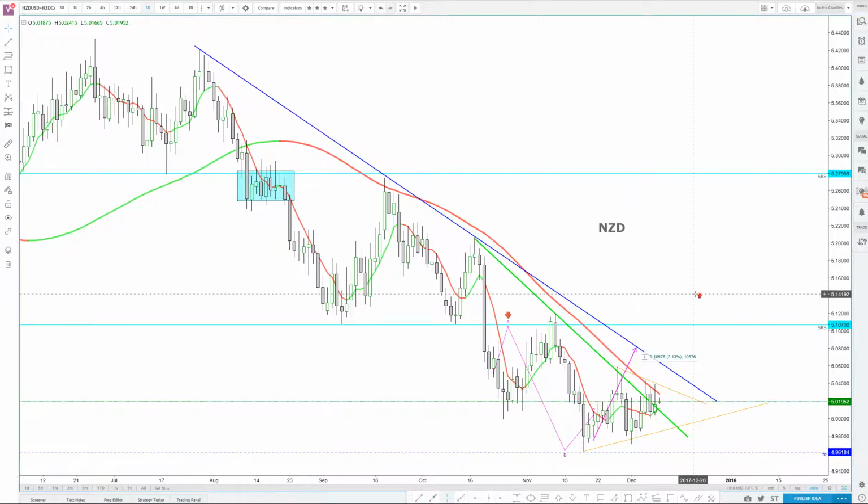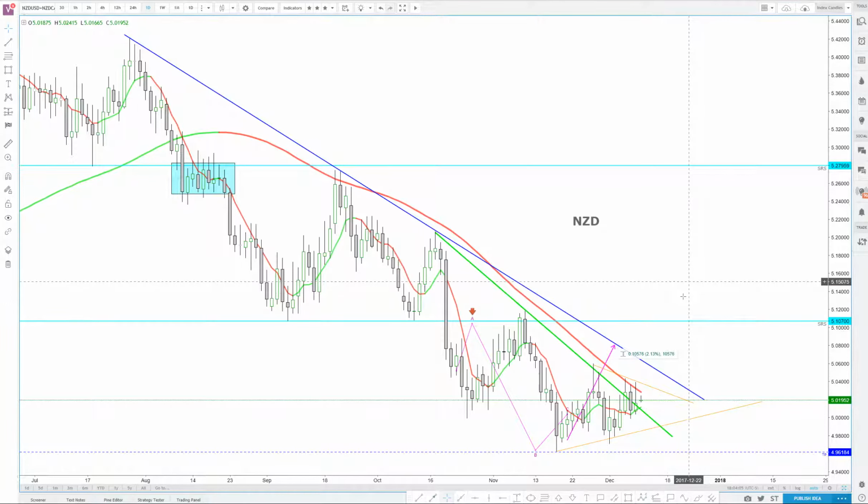Alright, New Zealand, I'm still bullish, though. We need to start getting to that trend line, like I've been expecting, and then break it, and then pull back to it, and then start going higher. So I'm still bullish on NZD. I want to see a test of this trend line.